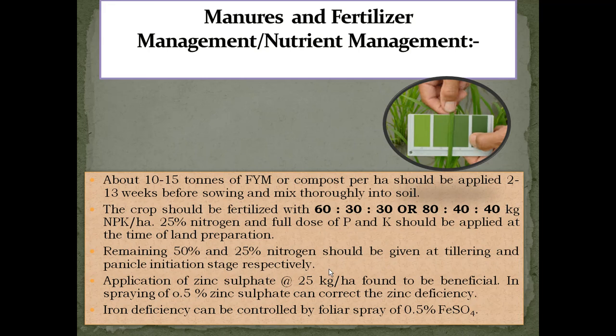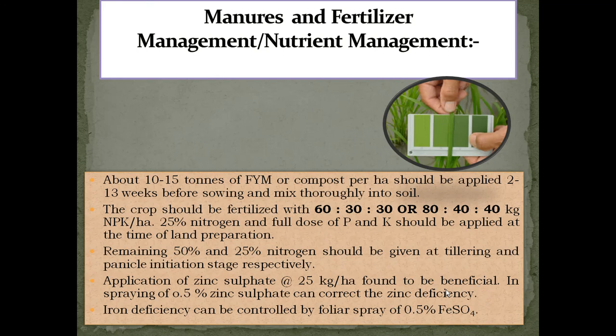Then along with this recommended dose of fertilizer, that is major nutrients, you should apply the micronutrients also, that is application of zinc sulfate at the rate of 25 kg per hectare is found to be beneficial. A spraying of 0.5% zinc sulfate can correct the zinc deficiency. As we know, Khaira disease, especially found in rice, is due to the deficiency of zinc.